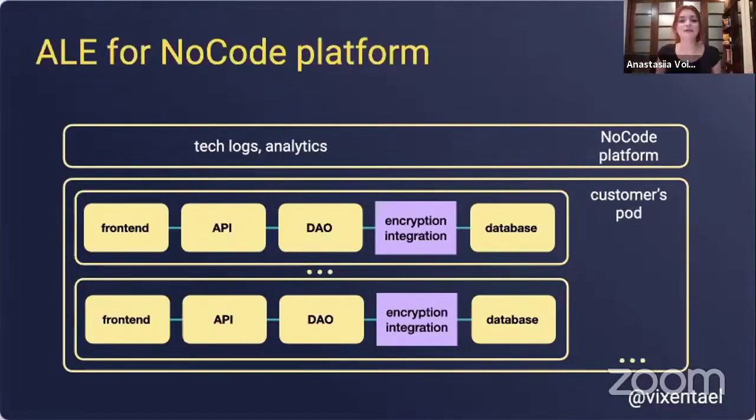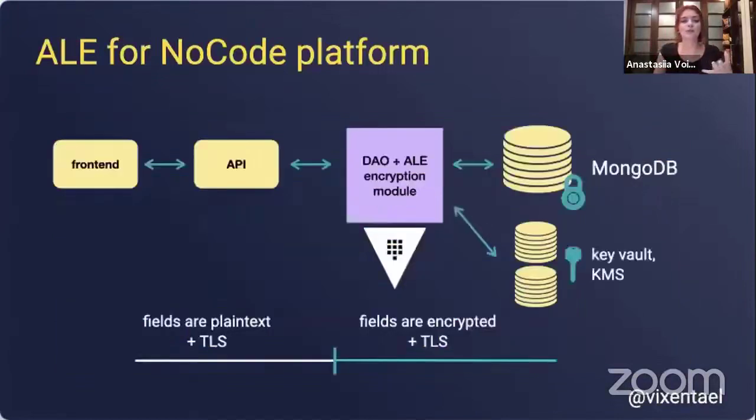Again, we have this problem that SaaS wants to protect the data of each customer using their own keys to isolate this data, to compartmentalize the data. And they decided to integrate encryption together with the data access object, the DAO.